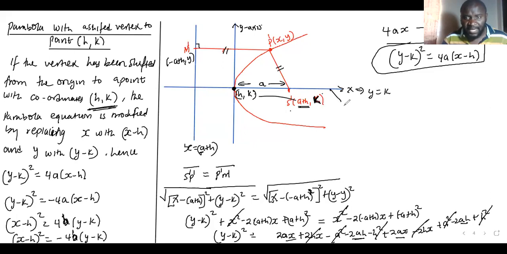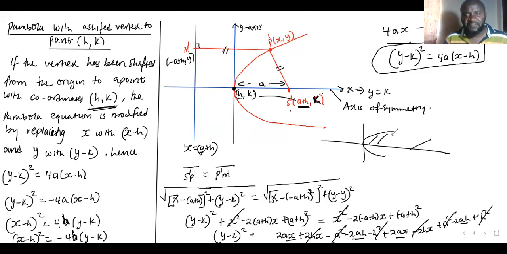So this is what we call the axis of symmetry. The axis of symmetry is what divides the parabola into two. It divides this half and that half. So according to this new shifted point, it is at a line y is equal to k.